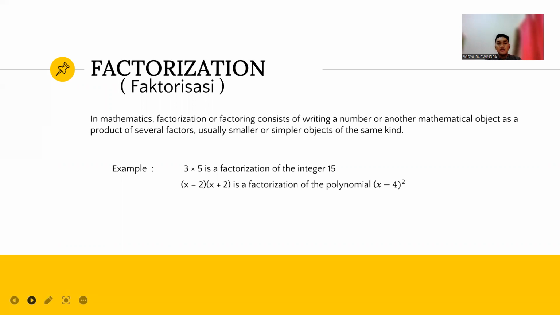For example, 3 times 5 is a factorization of the integer 15. And the second example is (x minus 2) times (x plus 2) is a factorization of the polynomial x squared minus 4.